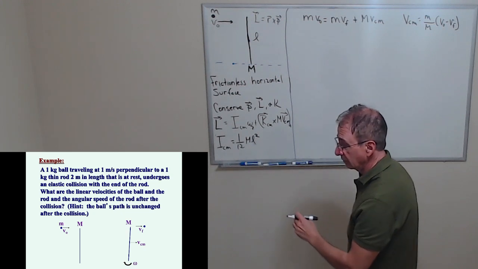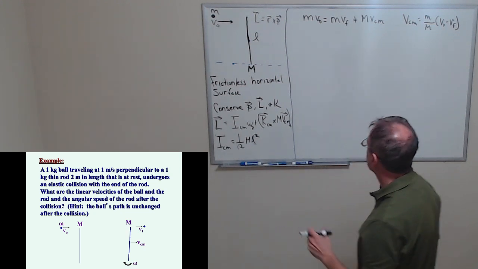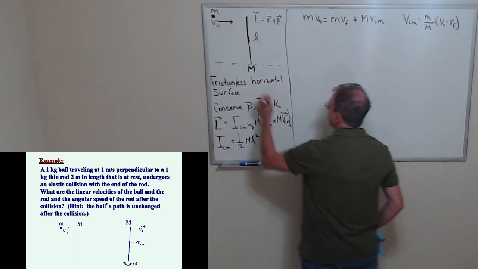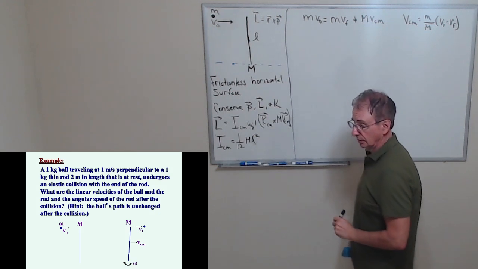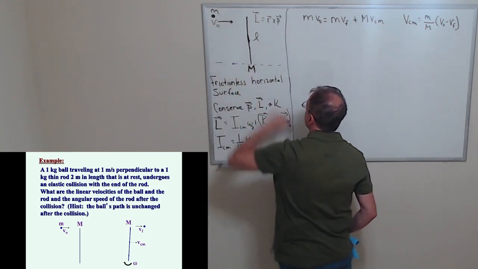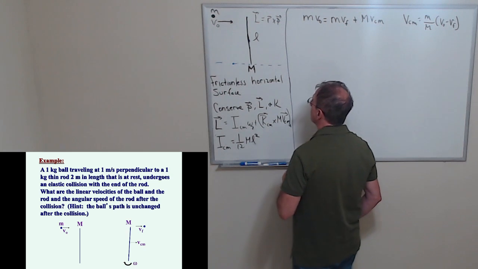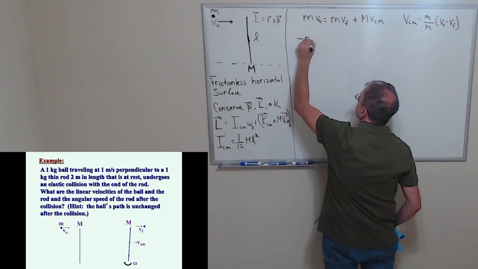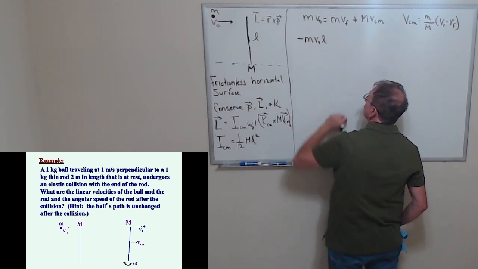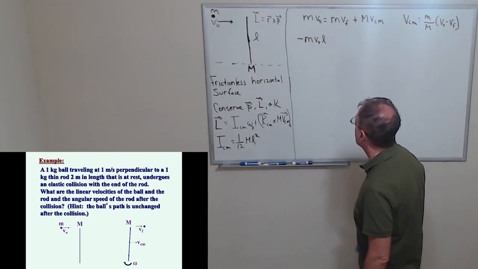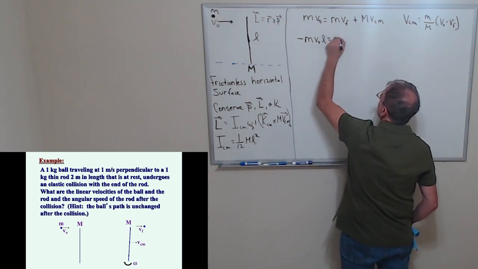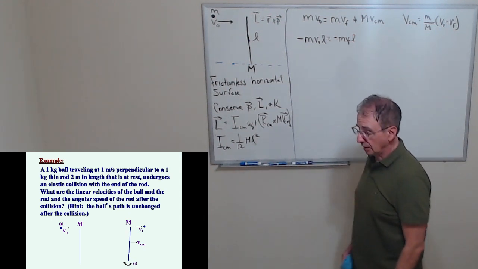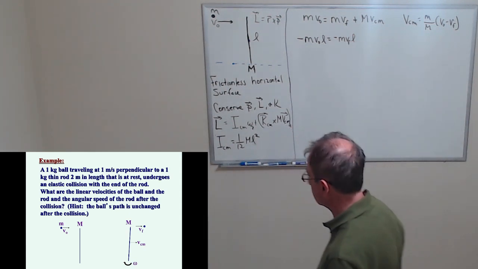What's going to be different now is our equation for the angular momentum. Well, the angular momentum about this point, we're going to use r cross p again, but when we do r cross p, it's going to involve the entire length of this rod. And again, the angular momentum is going to be clockwise. Likewise for the angular momentum afterwards, you're going to have an expression that looks just like that.